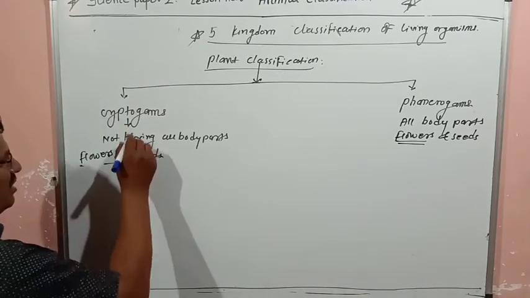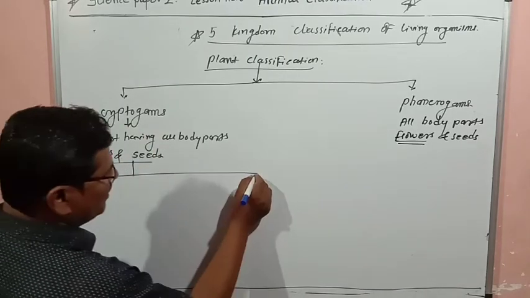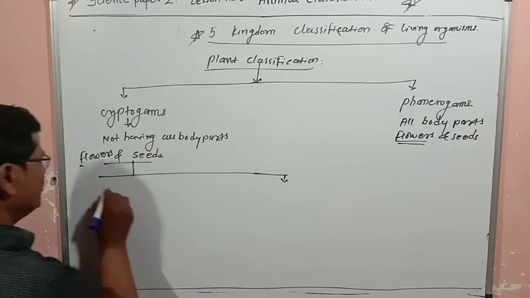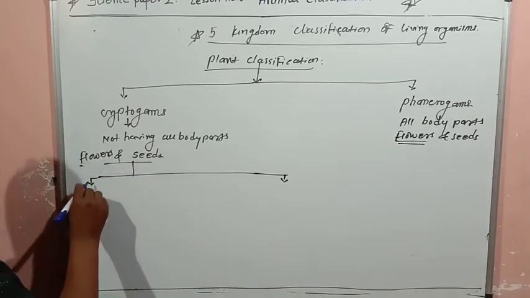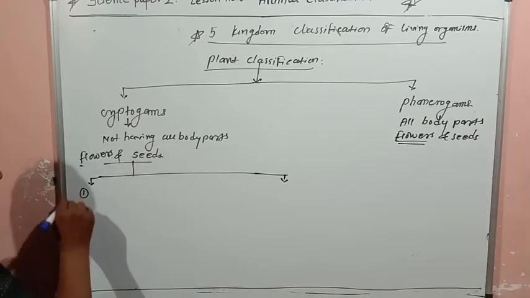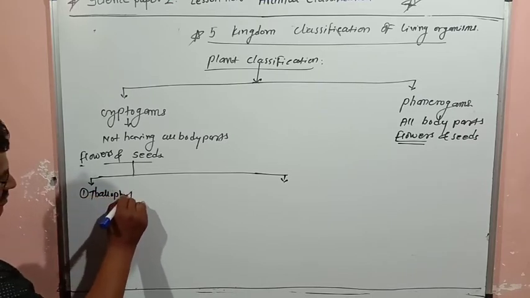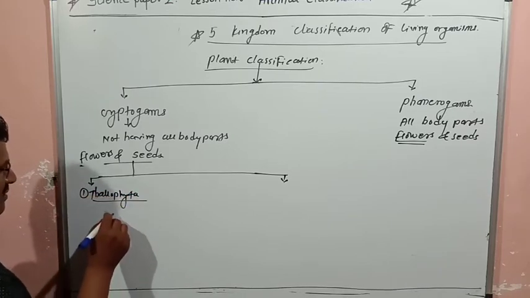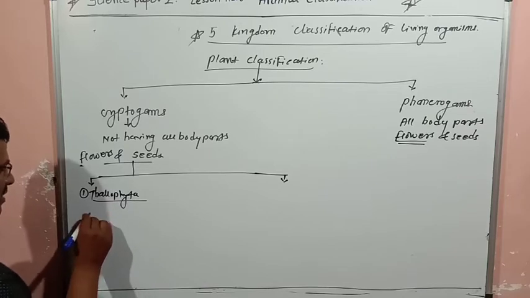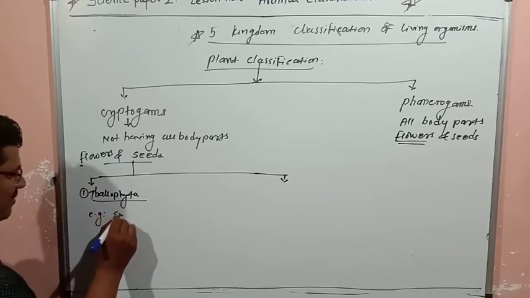Cryptogams are classified into three divisions. The first one is Thallophyta; as an example you can give Spirogyra.